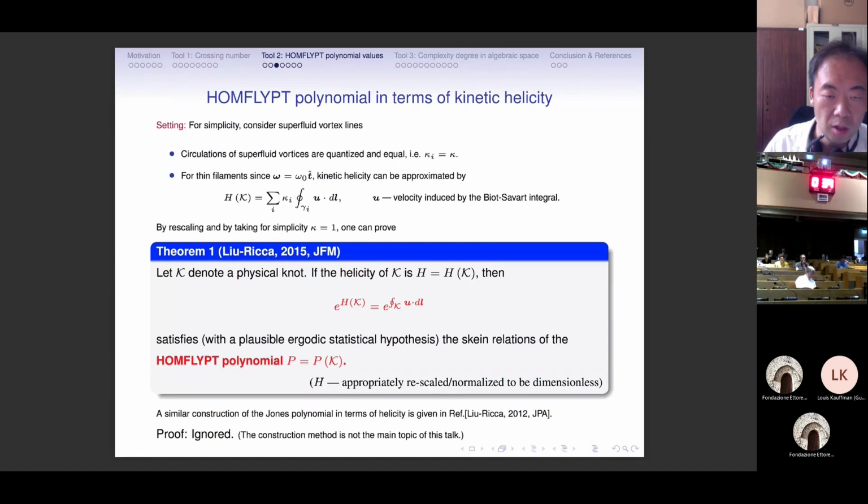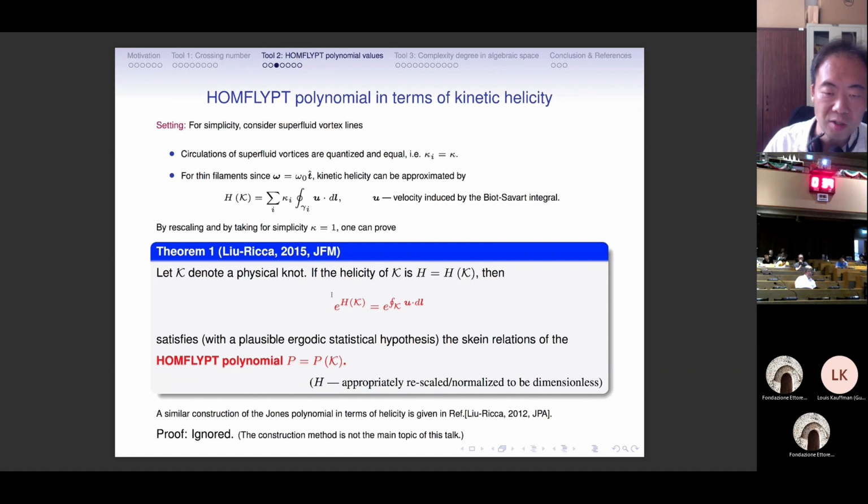In this GFM paper, we give a theorem saying that this exponential form for helicity satisfies the scaling relations of the HOMFLYPT polynomial.